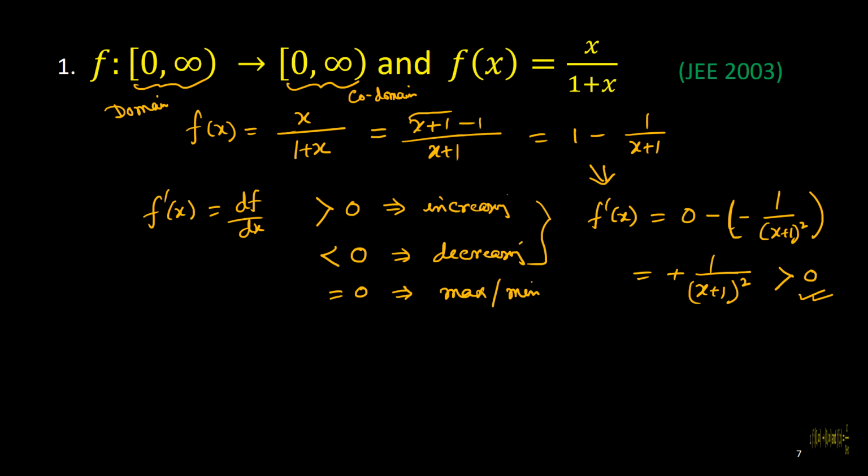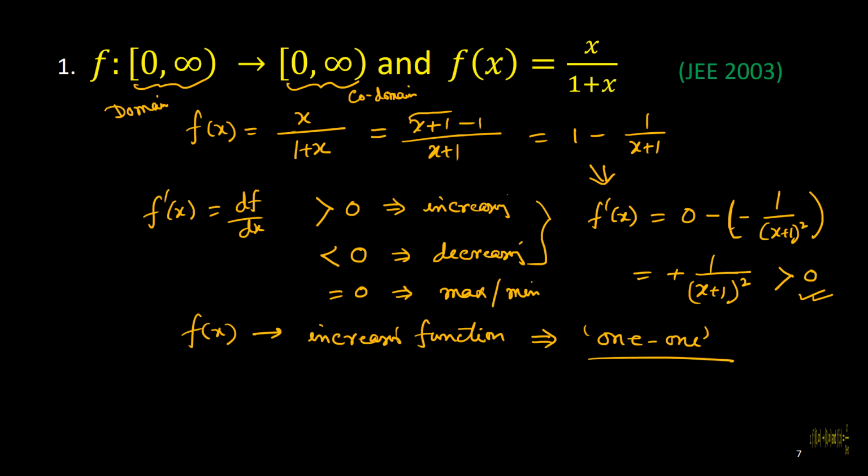That implies that f of x is an increasing function. So it is a one-one function. First part is solved. That function is one-one because it is a strictly increasing function for the entire 0 to infinity. This derivative is always positive.